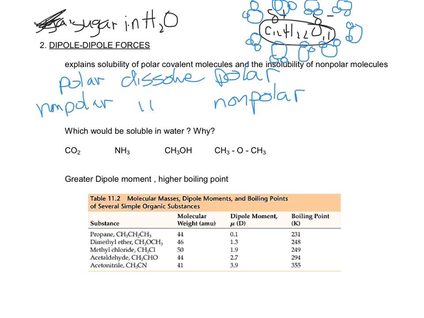So that's why we said like dissolves like. These two are alike, so they are soluble in each other. These two are alike, so they're soluble in each other. If you try to combine a polar and a non-polar, those would not dissolve together.